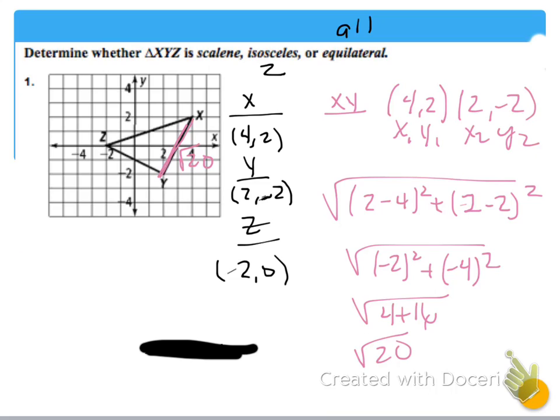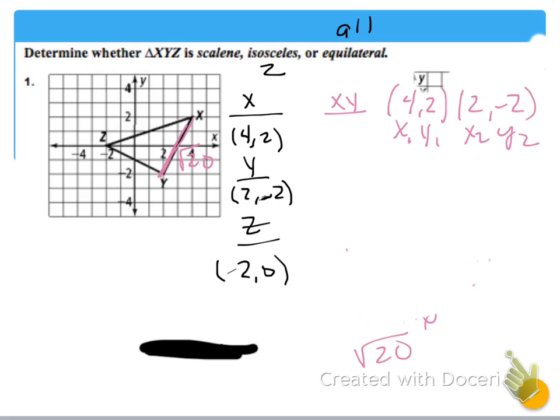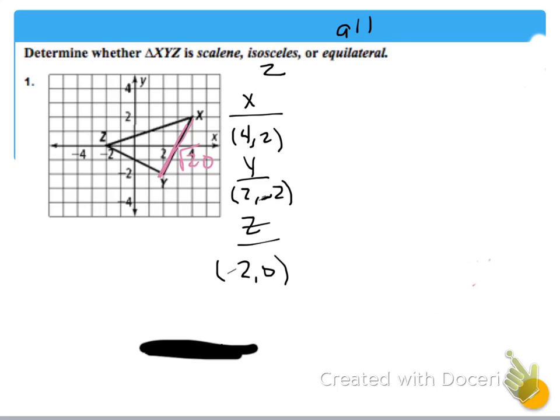So I'm going to erase this so I can figure out my next one. Let's do ZY. My points this time are negative 2, 0, and 2, negative 2. So x1, y1, x2, y2.